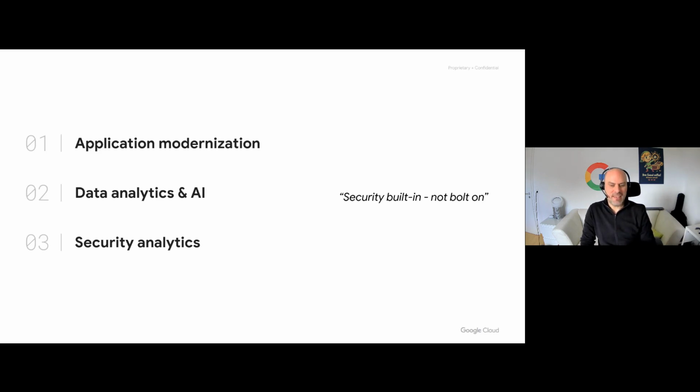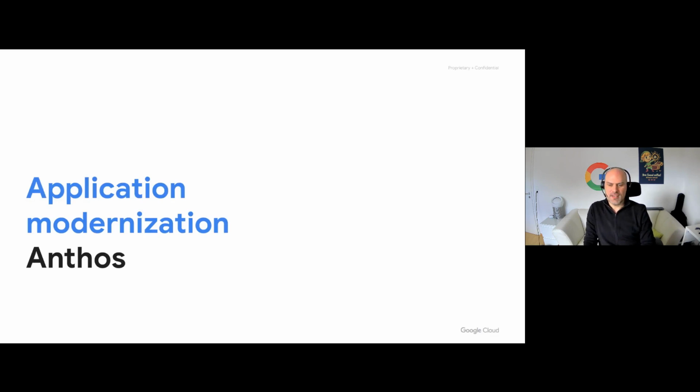Then the data analytics and AI approach, all with the multi-cloud and hybrid aspect to it. And last but not least, the security analytics piece that we have. Each and every system follows this principle, which I mentioned pretty often today, this security built in, not bolt on. So let's dive into it.